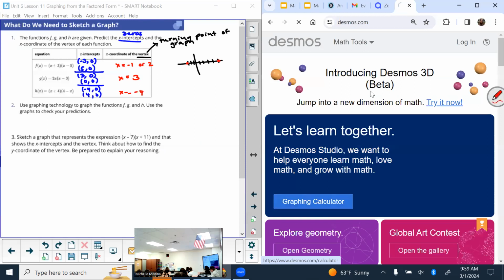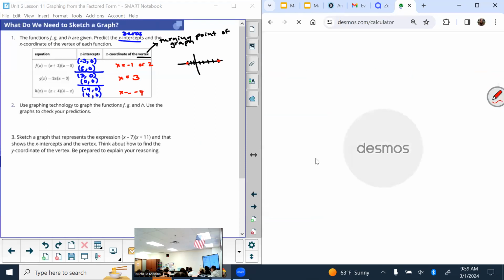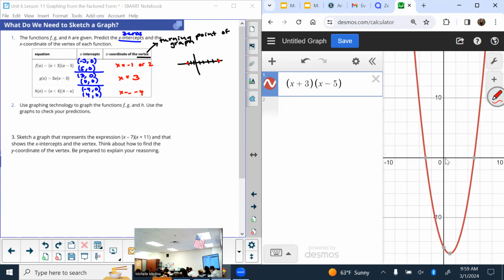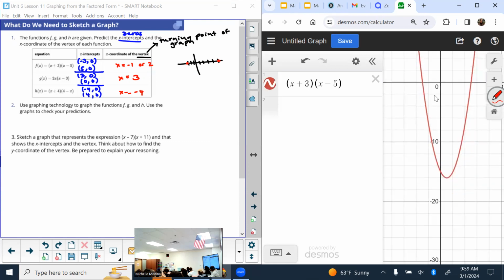So if I graph the first one, f of x, all right, so you did get the zeros right. -3 and +5 are my zeros. The x value of my vertex was 1. So it happens to be right in the middle of my zeros.